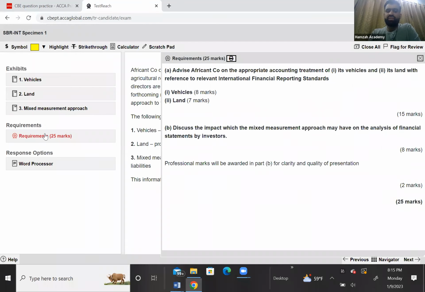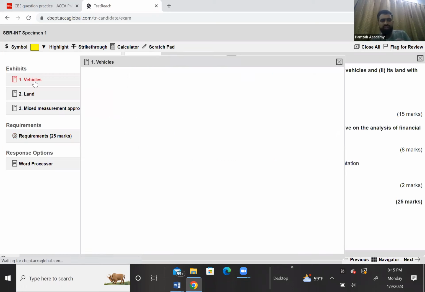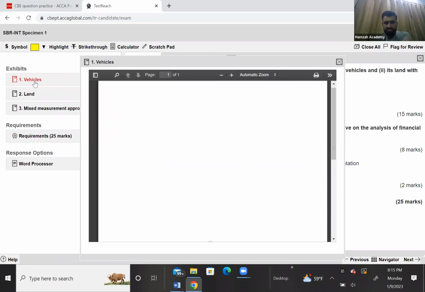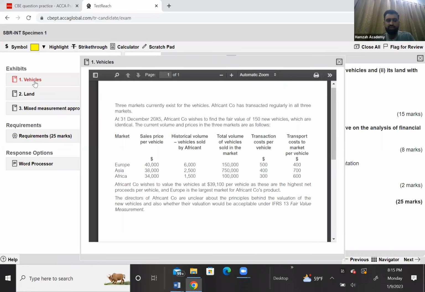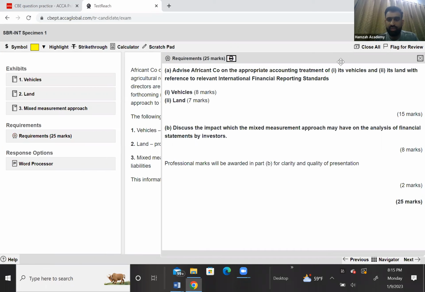Vehicle, land, 7 marks, and B, discuss the impact which the mixed measurement approach may have on the analysis of the financial statement by the investor. So after reading the exhibit, connecting these with the requirement, you will start to write the answer using the word processor.